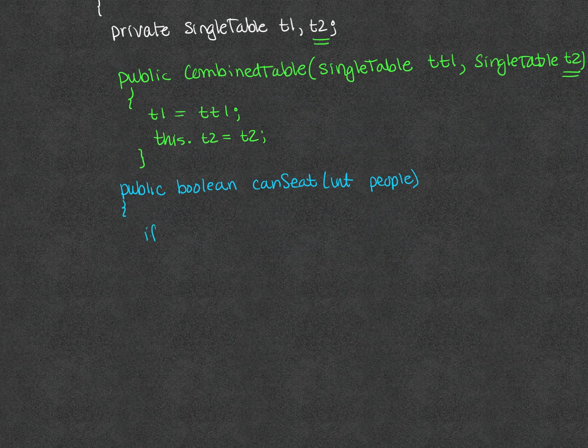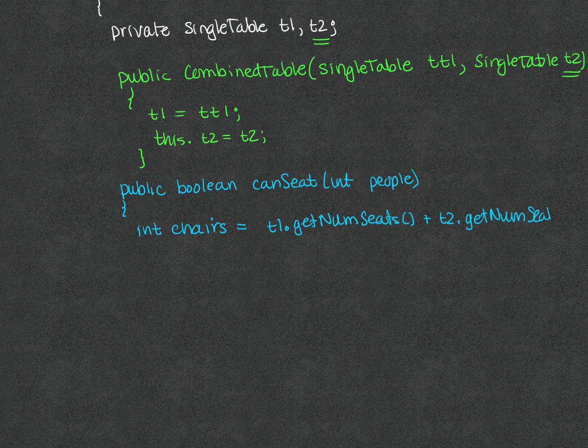So int chairs, that's how many chairs we have available, are going to be T1 dot get num seats plus T2 dot get num seats minus 2.